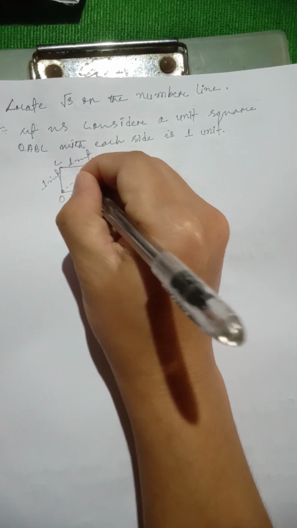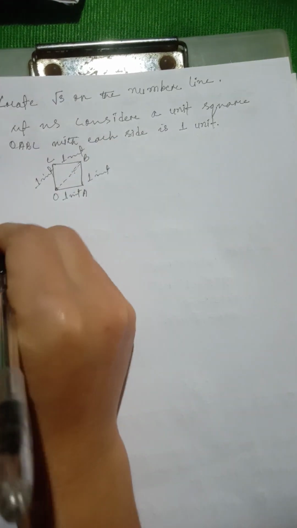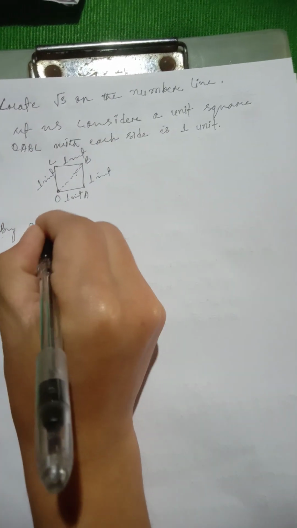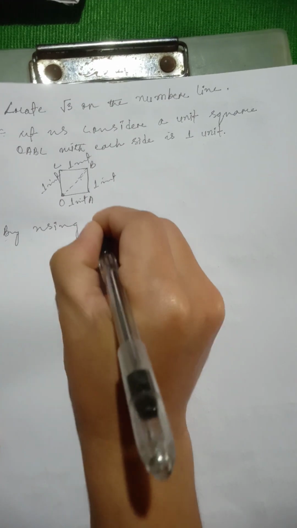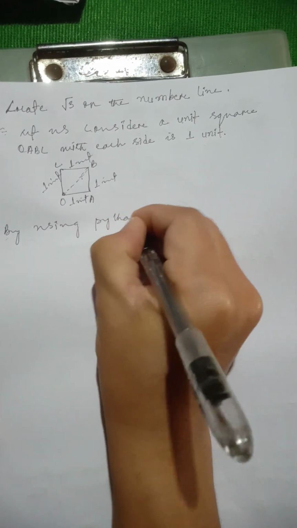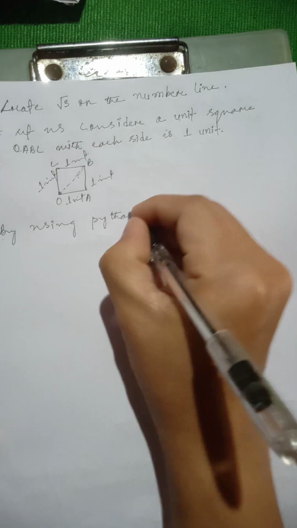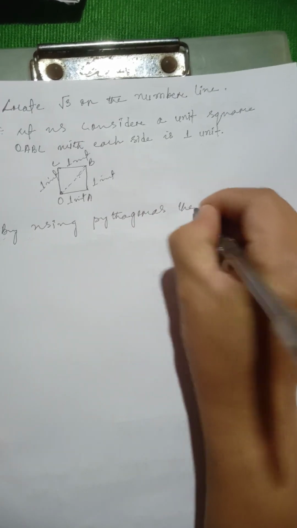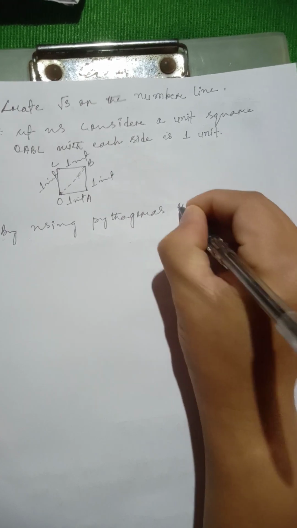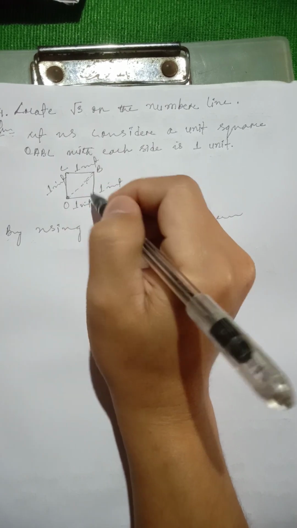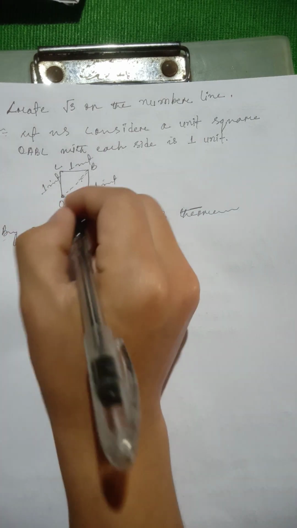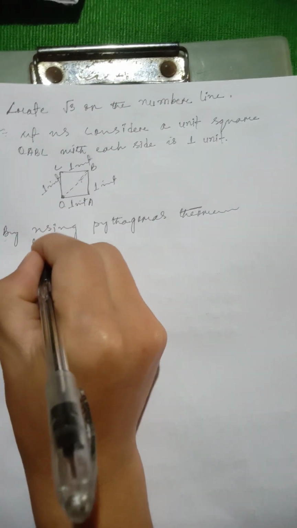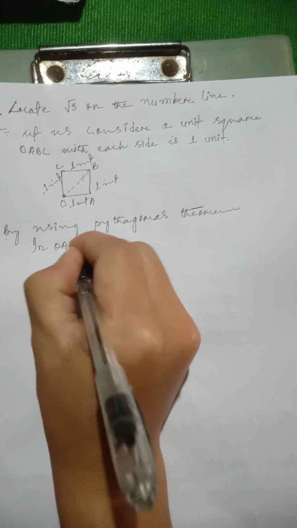Let us draw OB. Then by using Pythagoras theorem, we have to take one of these triangles, that is OAB or OCB. So let us take triangle OAB, okay?